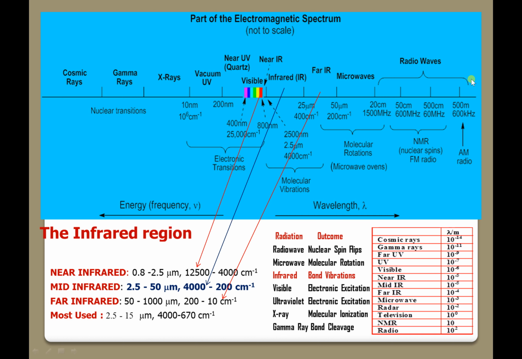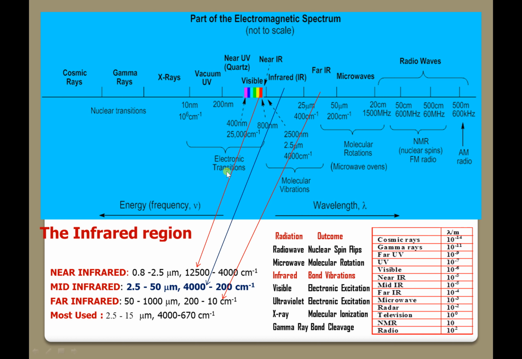And we can see what happens here. Here is the radio, actually radio frequencies we can hear. This is the NMR FM radio region. These are the molecular rotations, and that is where all microwaves operate, and these are the molecular vibrations that I am talking about, IR.